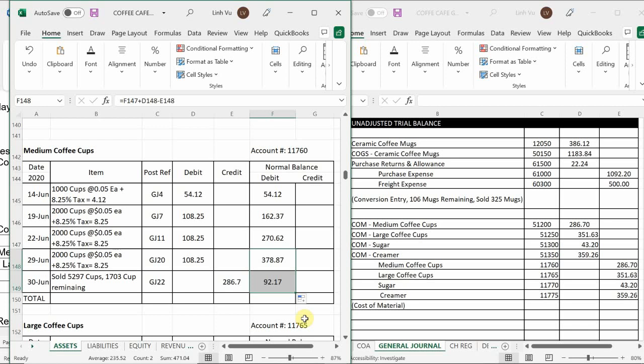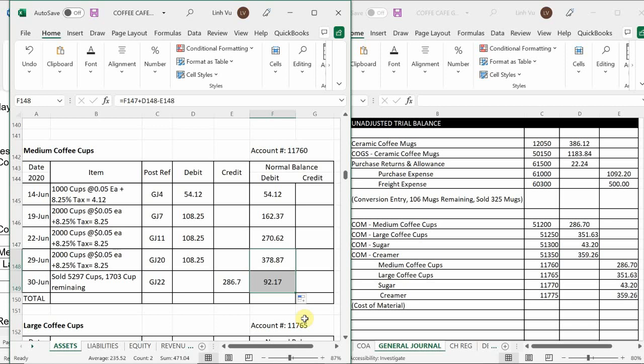We bought a bunch of supplies, 7,000 cups. But as we went through the month, we ended up selling a total of 5,297 cups. So we need to adjust our supplies, because do we still have 7,000 cups? No, we don't, and that's what my book reflects right now.